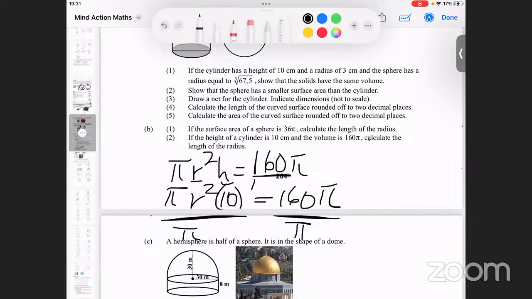Why don't we just divide by 10 pi? Because it's pi multiplied by r squared multiplied by that. Can we? No, ma'am. We can't. Okay, and what's going to happen? What do we do? What's next?